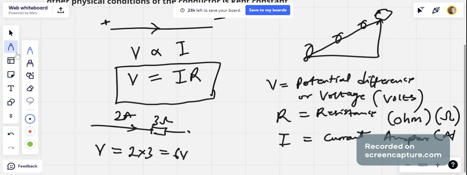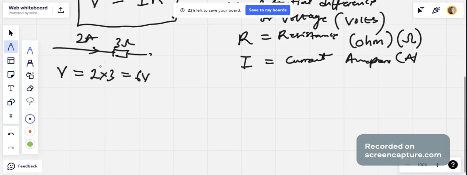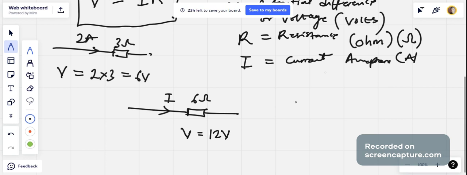So also again, given a metallic conductor and the voltage V across the resistor is, let's say, 12 volts, and the resistance is 6 ohms, you have to calculate the current from Ohm's law, which is V equals IR.